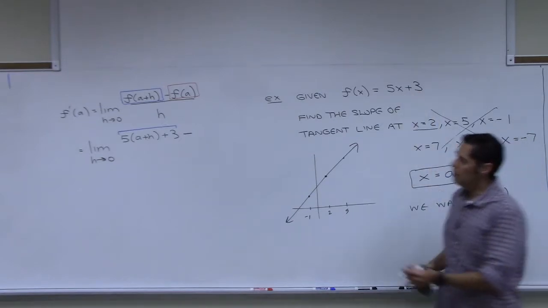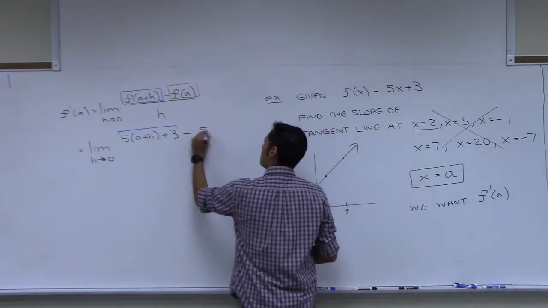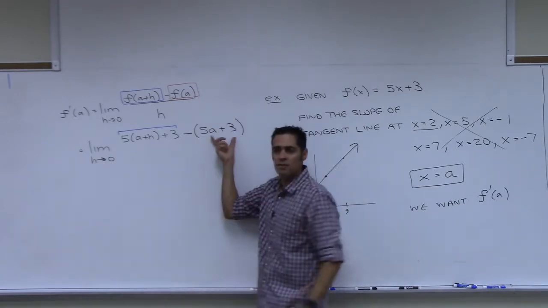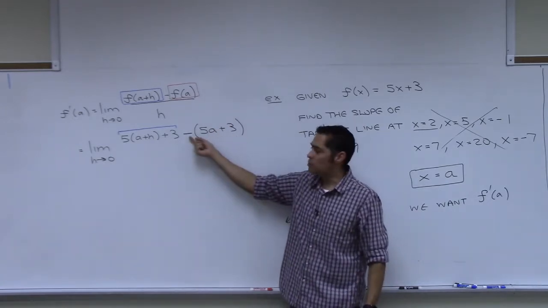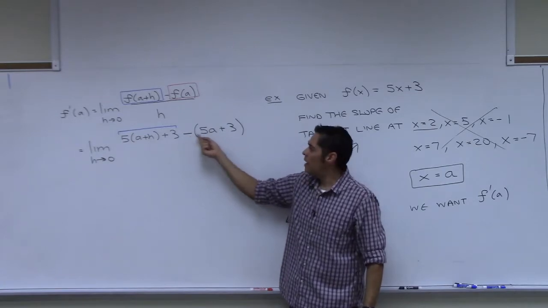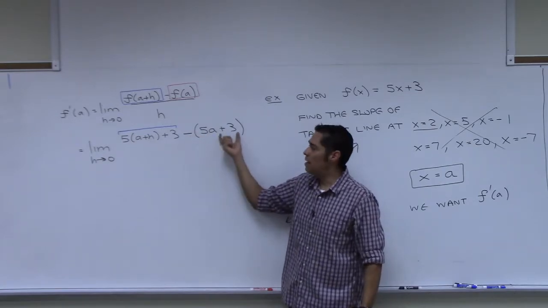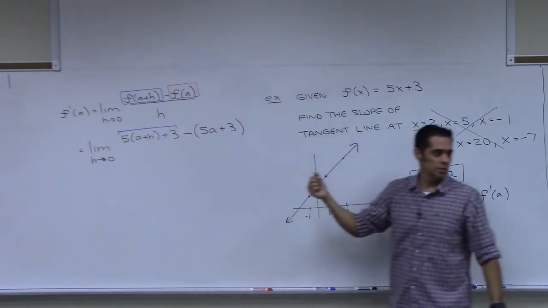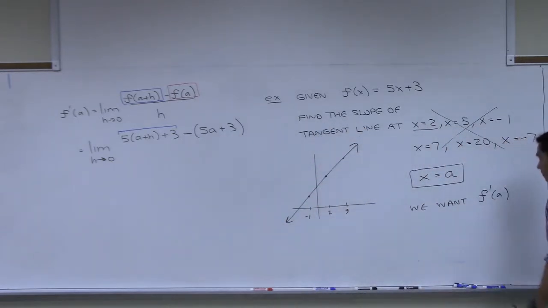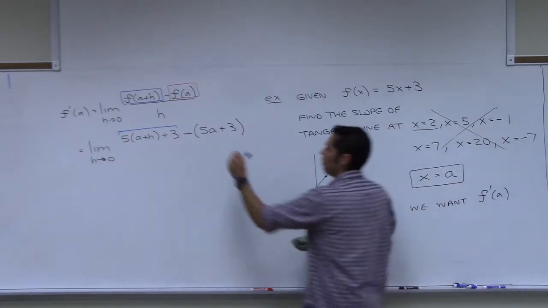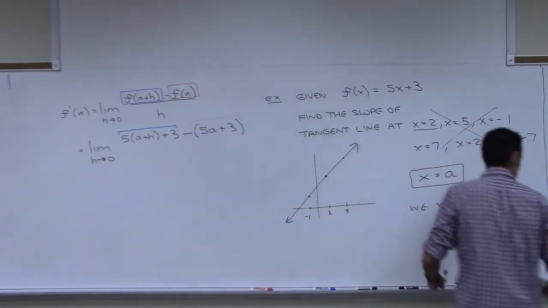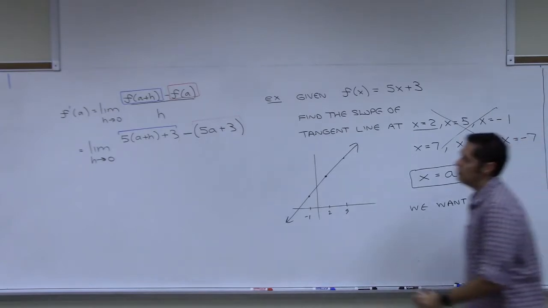Now, when I put that here, 5 times a plus 3, I must put that in parentheses. And that's the part that students forget, because the subtraction sign, you must subtract both terms, so put that in your parentheses. We clear? Sure? That's the red part. What am I missing still? I still have something else I need here. All over h. Okay.